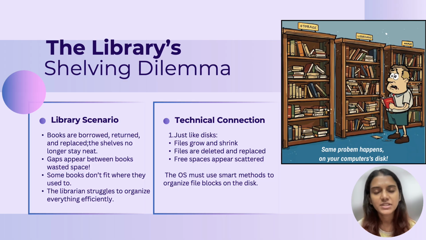If you look at it from a technical perspective, the same thing happens on disk. Files grow and shrink, some get deleted, and free spaces become scattered in random places. So, just like the librarian needs a systematic approach to shelving books, the operating system also needs smart methods to place file blocks on the disk. This leads us to the three main allocation strategies.